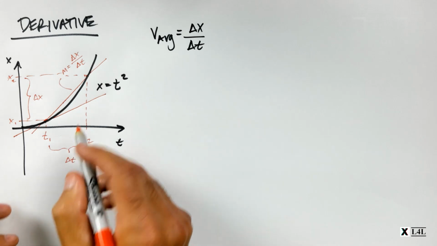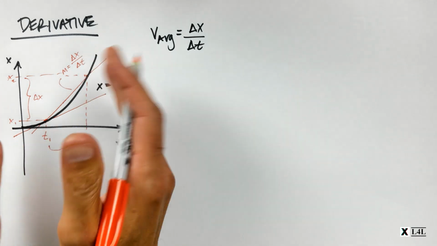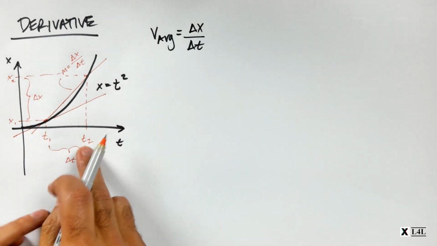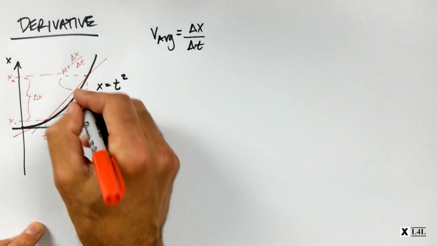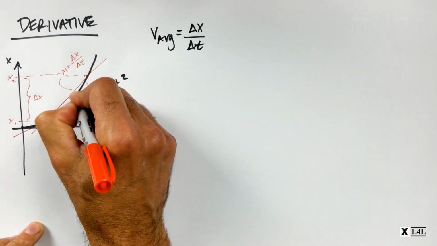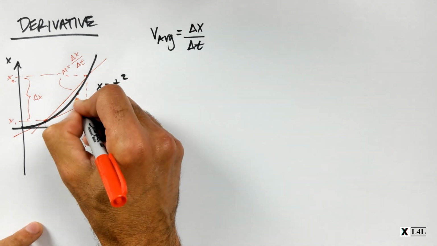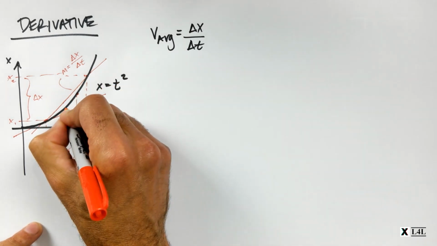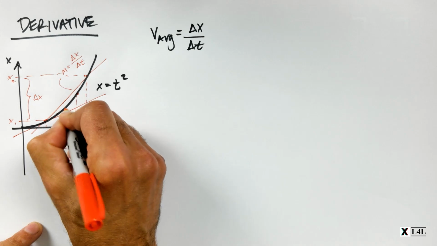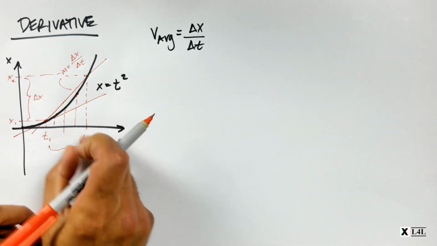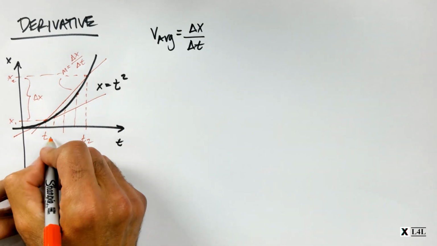And again, I'm eyeballing here what is the best tangent line. But what you can see is that for us to do that, we have to bring this change in time period smaller and smaller. So if I look at a time period here versus here versus here, my time period is getting smaller and smaller.